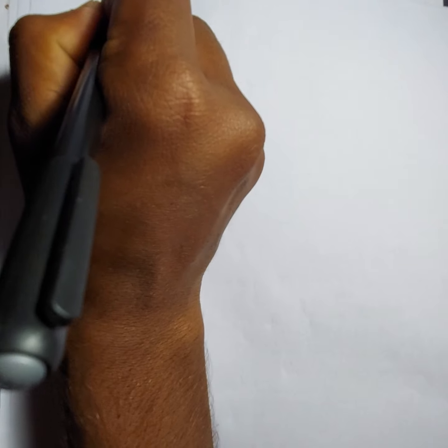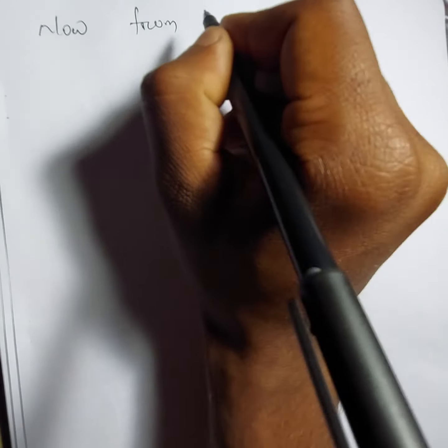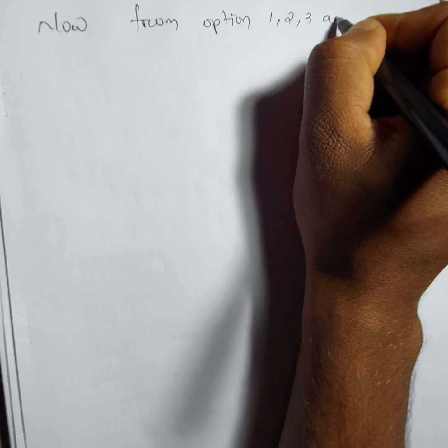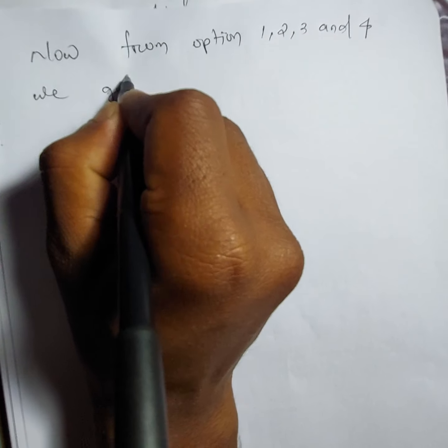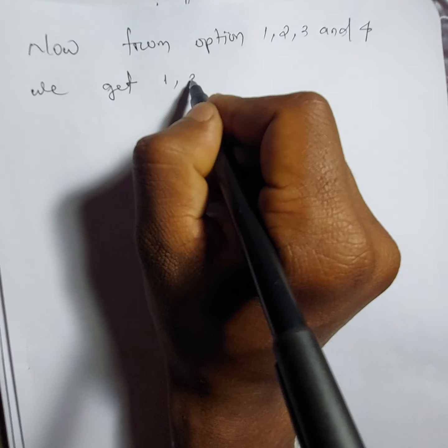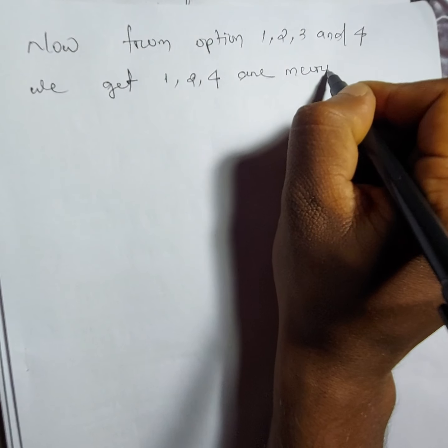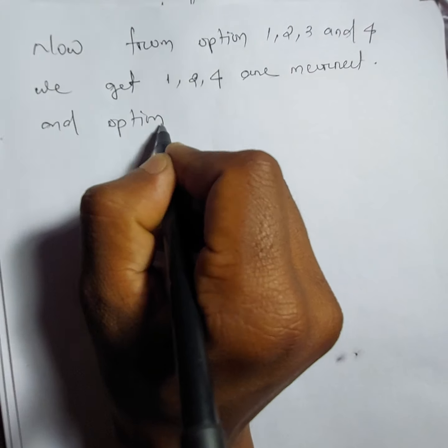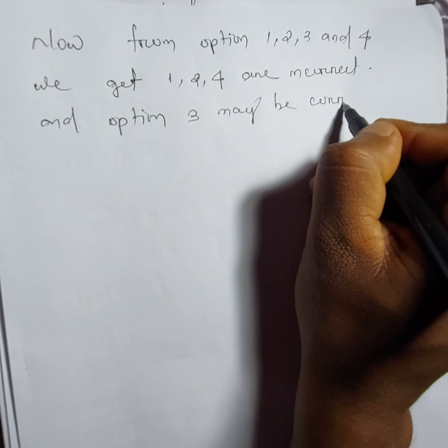Now from options 1, 2, 3 and 4 we get 1, 2 and 4 are incorrect and option 3 may be correct.